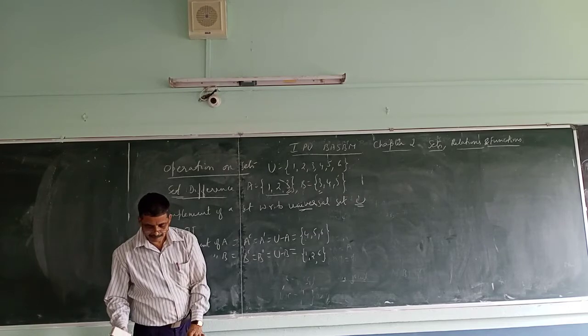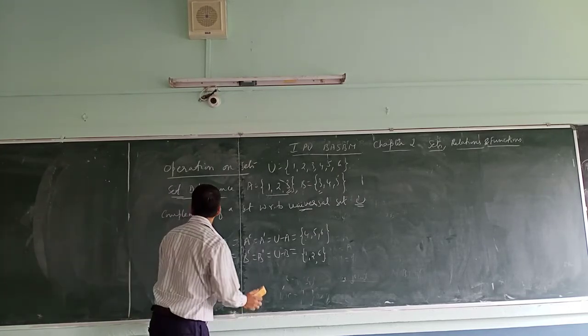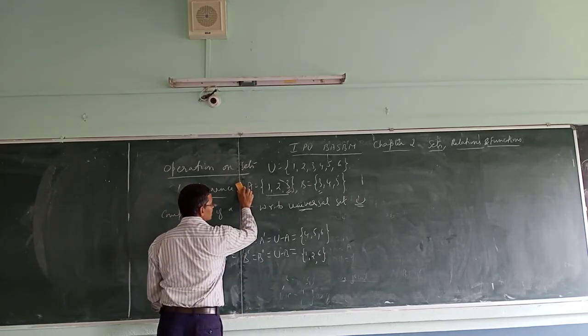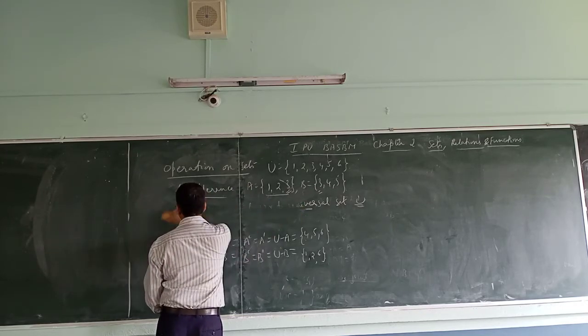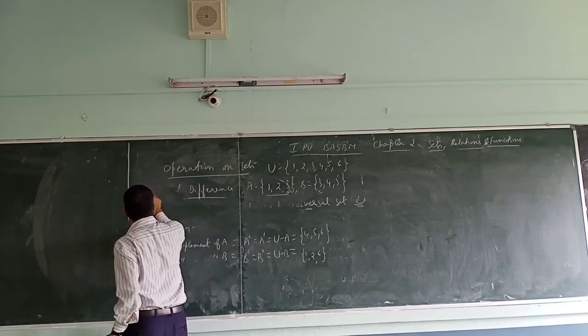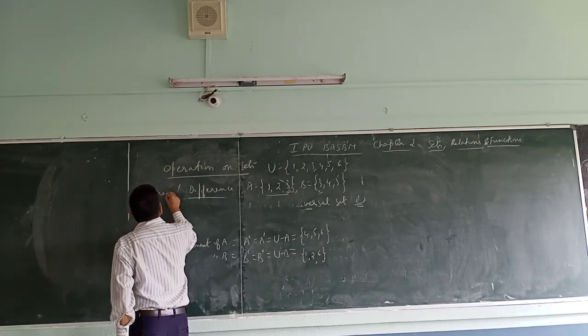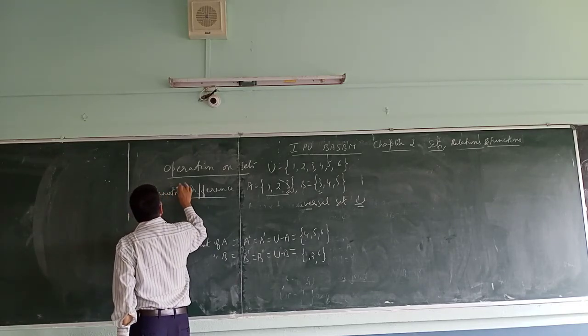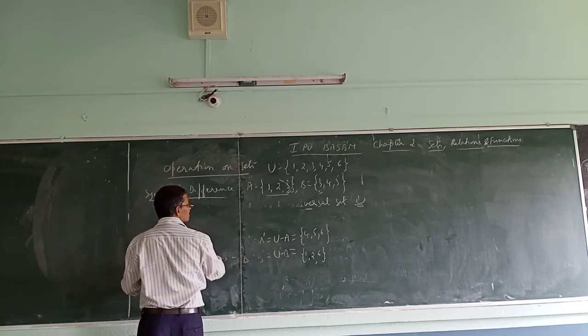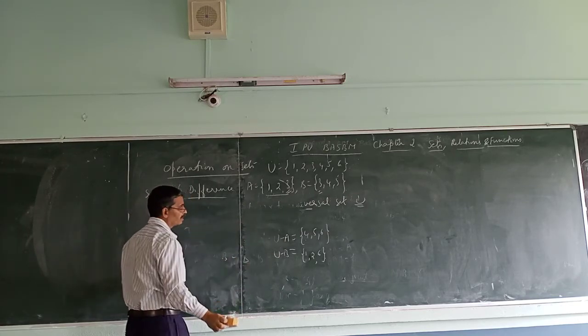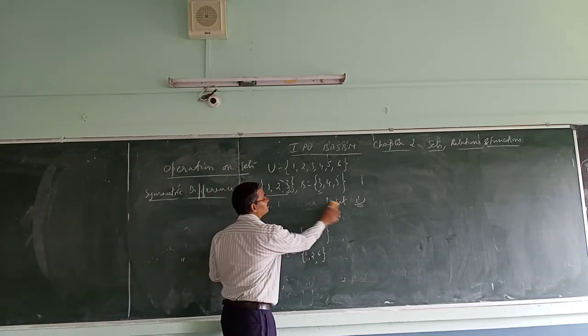Next topic is symmetric difference. We have covered set difference; now symmetric difference. Again I will explain with this example: A equal to 1, 2, 3, B equal to 3, 4, 5.